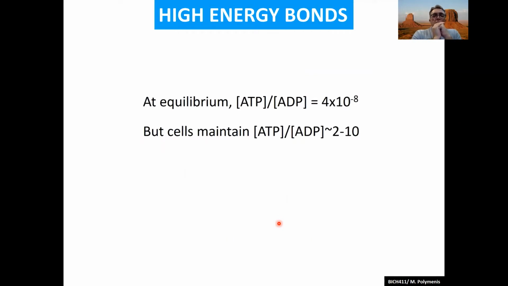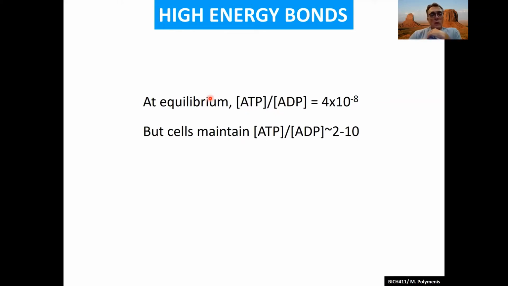So at equilibrium, you have a high energy compound, ATP. This is a key point here. ATP has a lot of free energy. Would you expect to have at equilibrium more ATP or ADP? The obvious answer is that you would expect to have a lot more ADP compared to ATP, right?